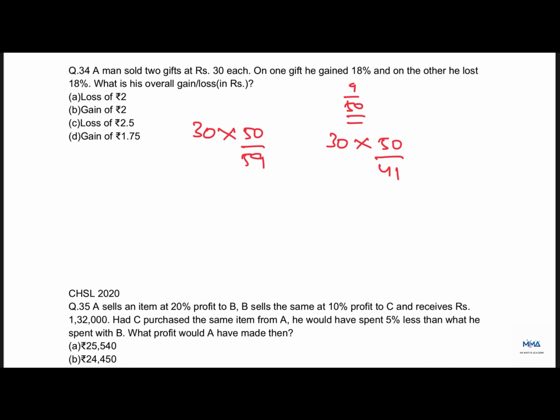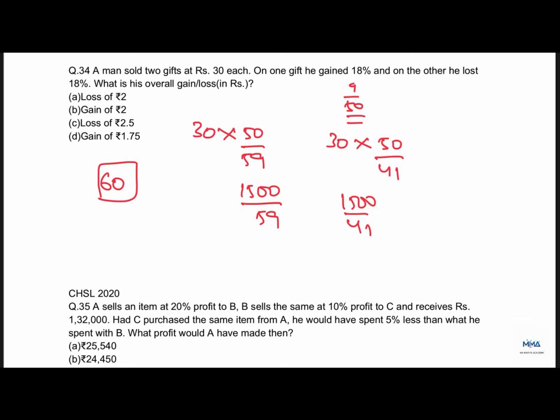So the total SP is 60, and the total CP, there is a bit of calculation involved, guys. So here 1500 by 59, this is 1500 by 41.